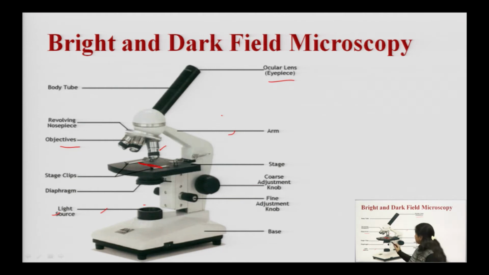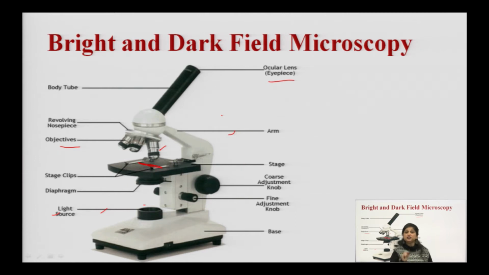So, light from the source will move towards the condenser, and from the condenser it will condense onto the glass slide. From the glass slide the light will pass through the objective lens and reach the eyepiece, and we will be able to observe the image.